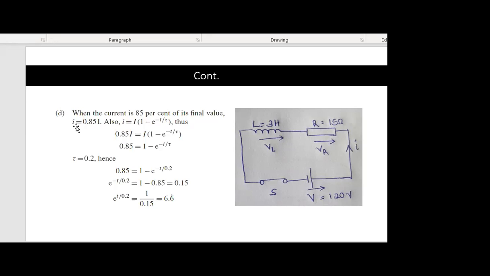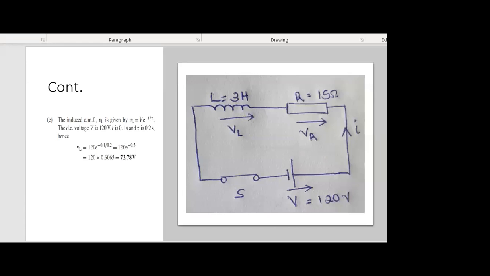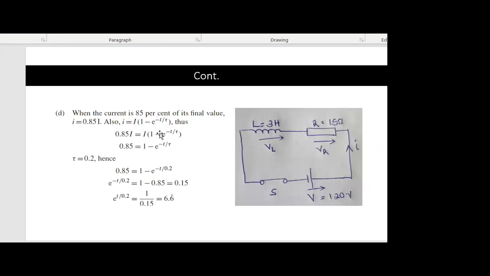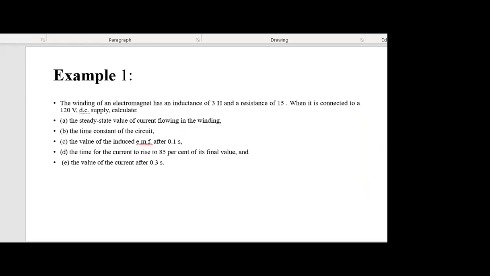So our I will be 85 over 100 of the final I. So we substitute what we have. We are looking for the time.